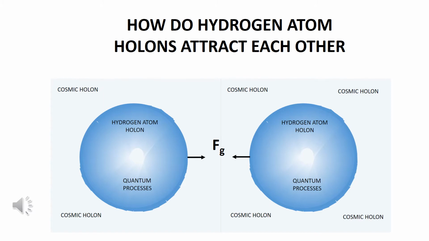If we can demonstrate an attractive force between the two hydrogen atom HOLONs, that is electromagnetic in nature, then we will have a model of the universe that requires only one force of nature. It is also essential that this electrical gravitational force has to have the same value as the hydrogen atom model. Can this be done? We will start off by looking at the Casimir effect.